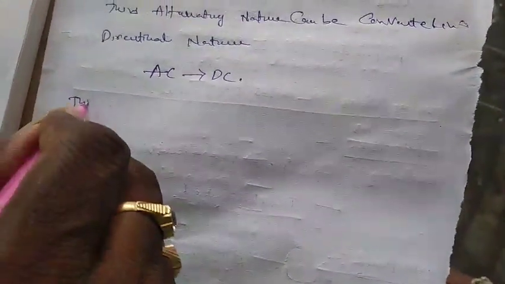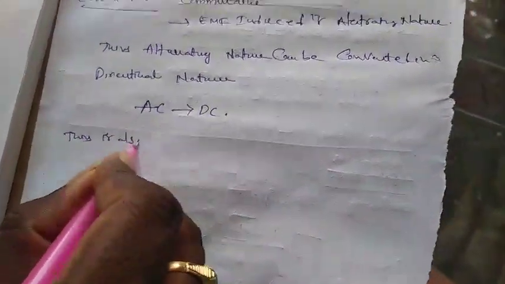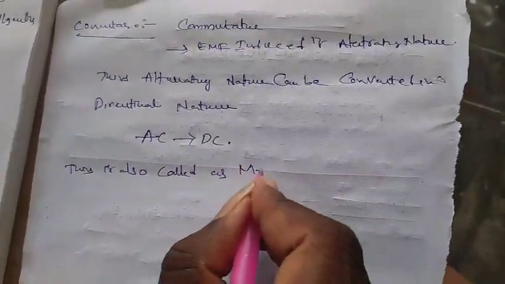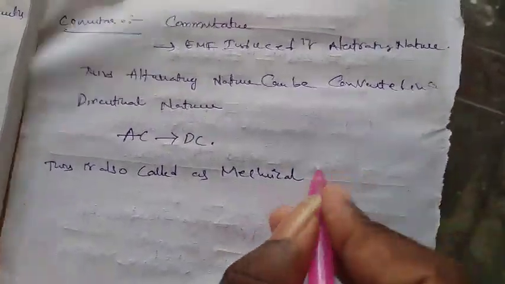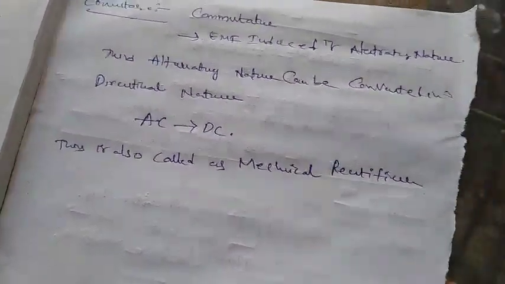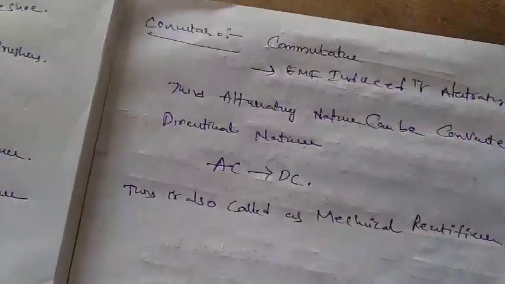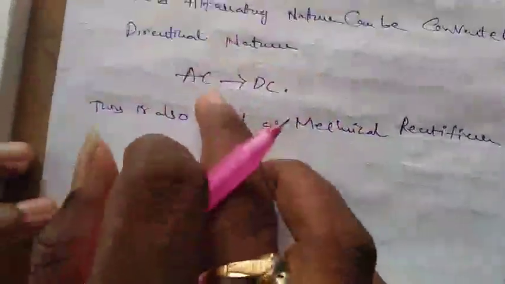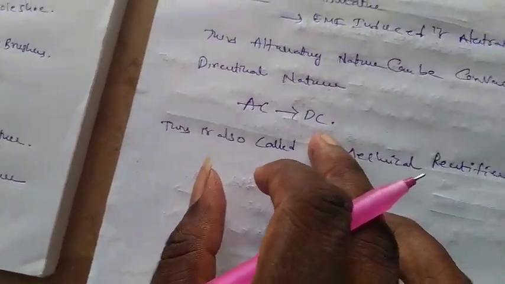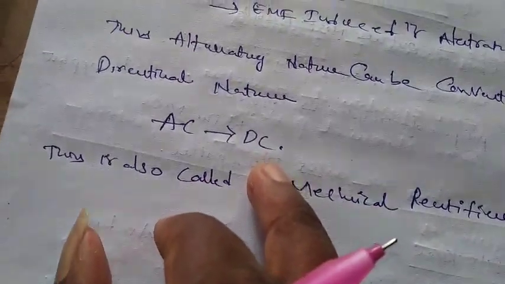So this is also called a mechanical rectifier, because the conversion of AC to DC is called rectification. Here the action is done by mechanical action.